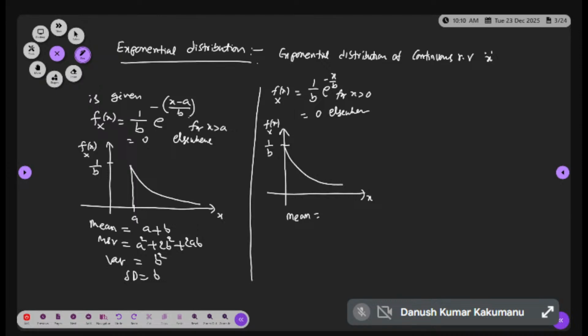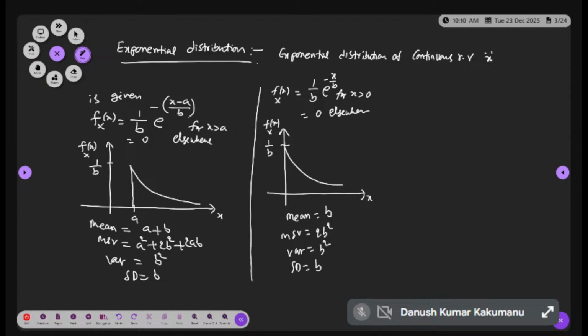If you put a equal to 0, what is the mean? b. Mean squared value 2b squared. Variance b square. Standard deviation b. That is the mean, mean squared value, variance, standard deviation.